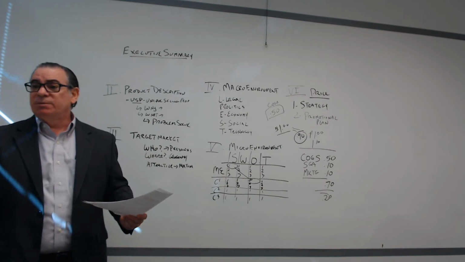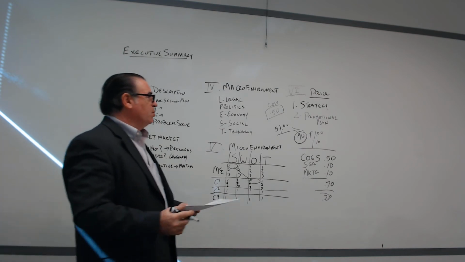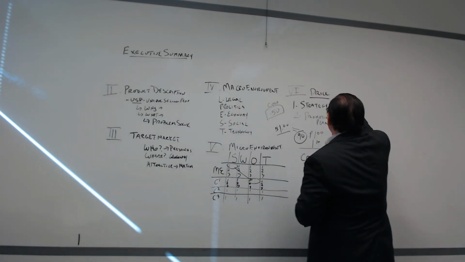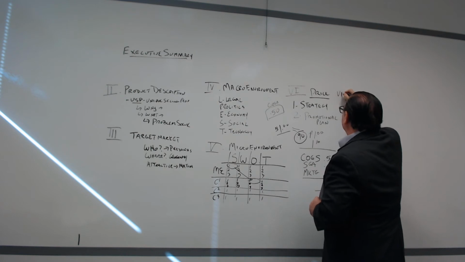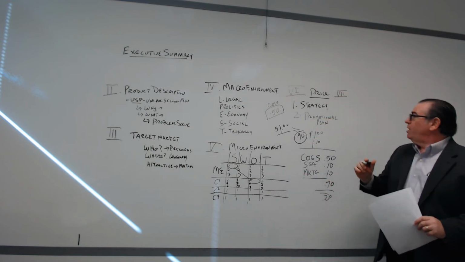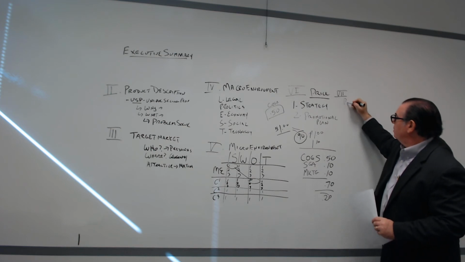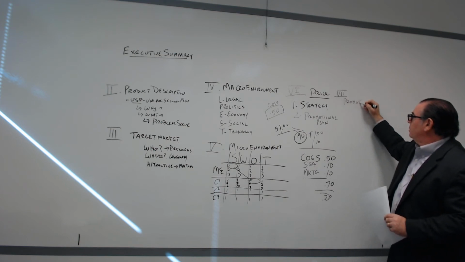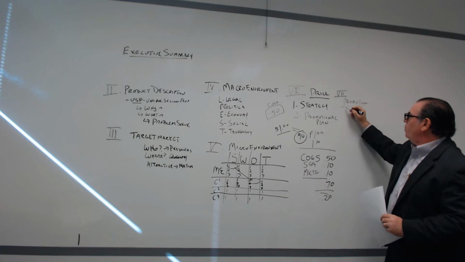How about promotion? Right? Let's do promotion. So now we have promotion, and this is going to be section 7, more or less. So in promotion, we want to explain what we're doing.